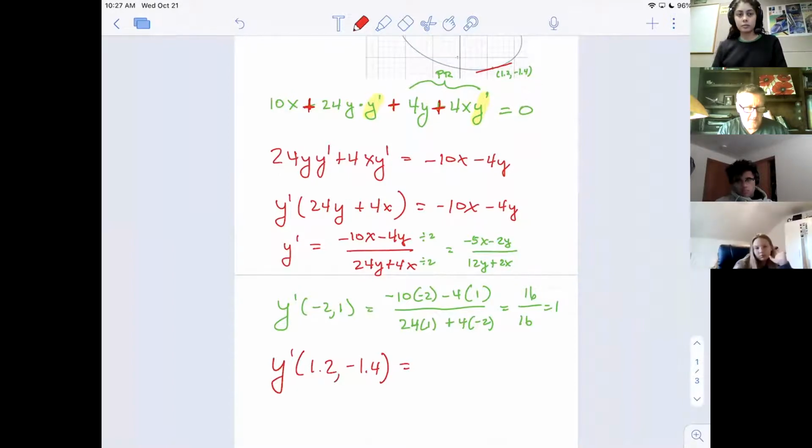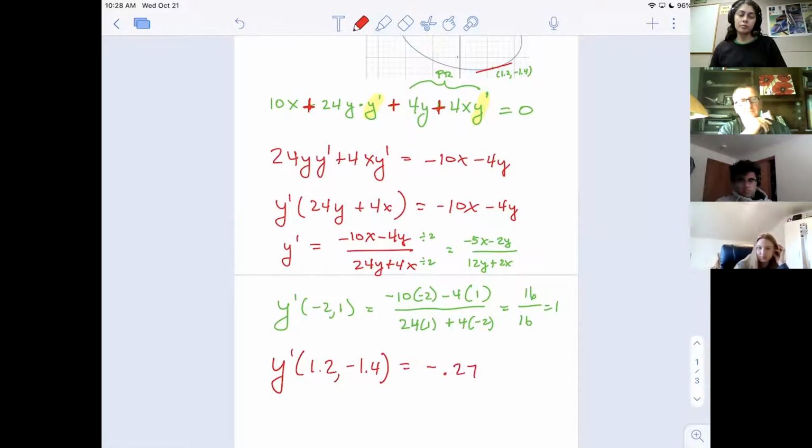Let's see, parenthesis negative 10 times x, which we said was 1.2, minus 4 times y, which we said was negative 1.4, close parenthesis, all divided by, start a new parenthesis on the bottom, 24 times x, which is 1.2, plus 4 times y, which is negative 1.4. If I typed all that in right, then wonderful. I got negative, I'm embarrassed to say, negative 0.27.